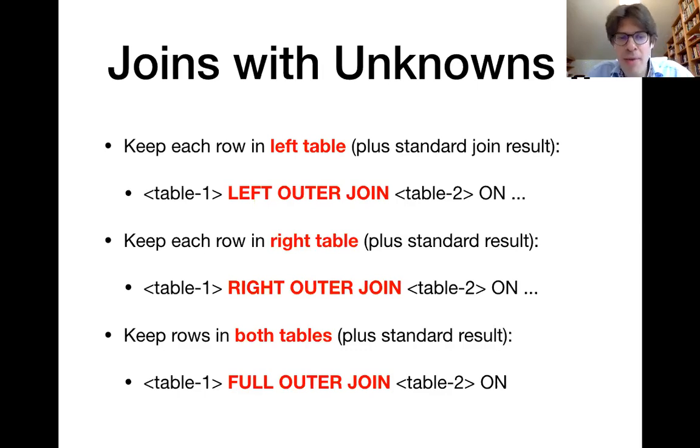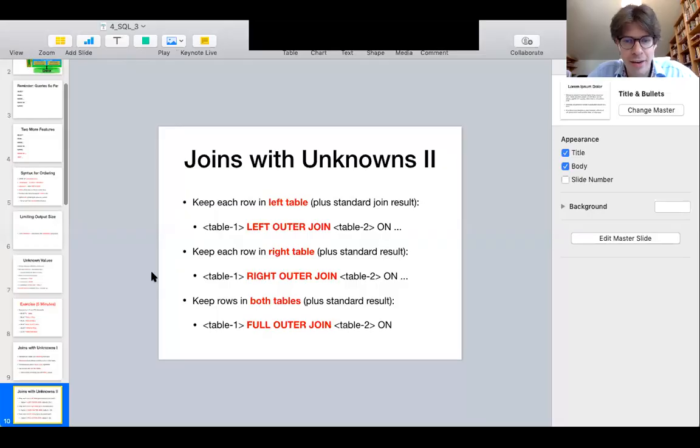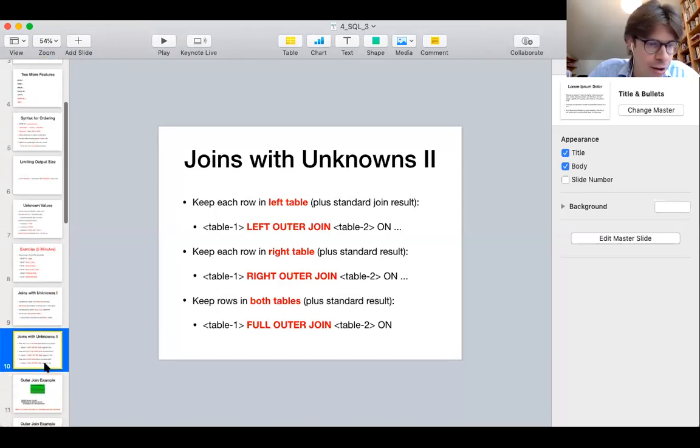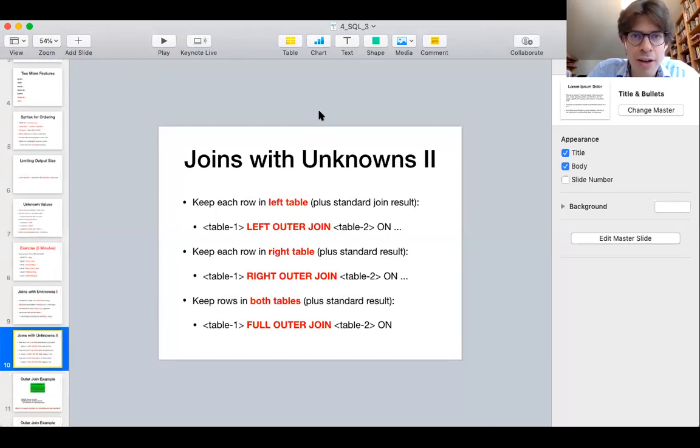There's also the complement, the right outer join, where we say that all the rows on the right-hand side of the table are kept in the join result. And if you're interested in keeping the rows for both tables, you can also use the so-called full outer join. And very quickly, I'm gonna show that to you.